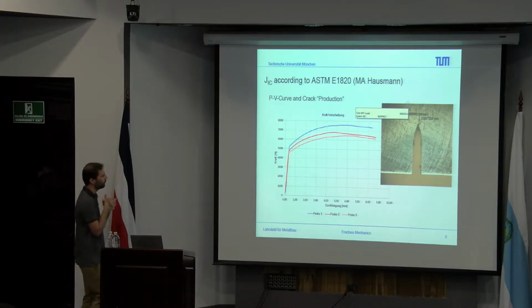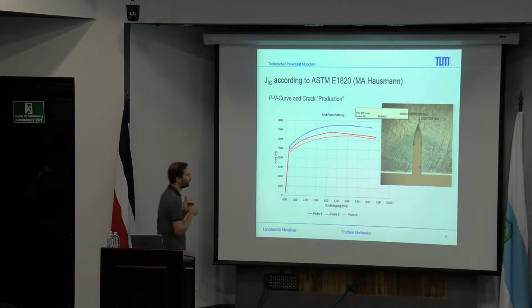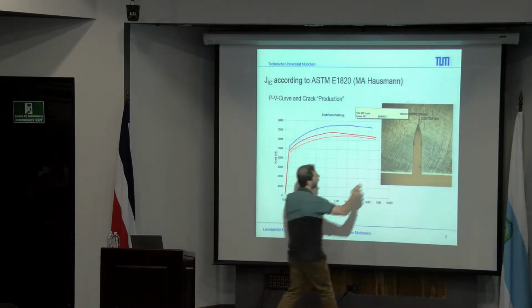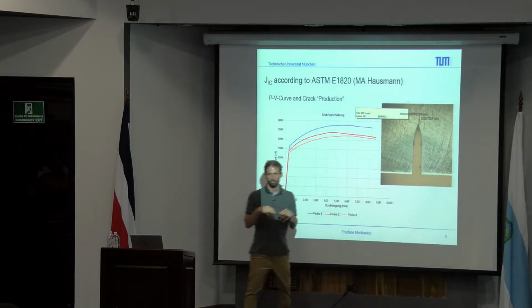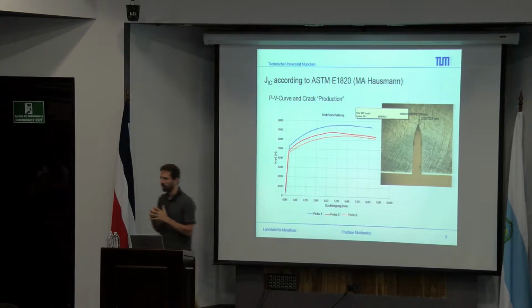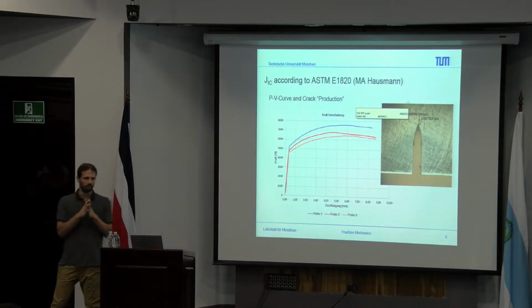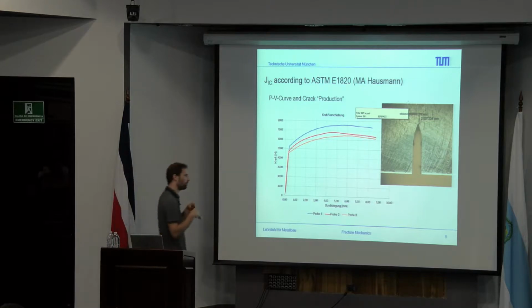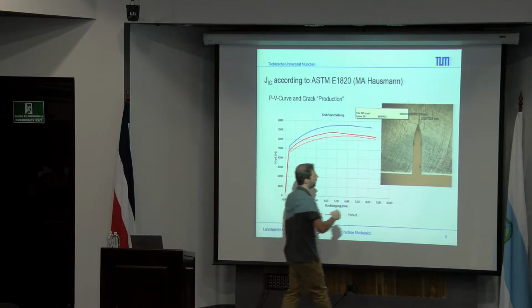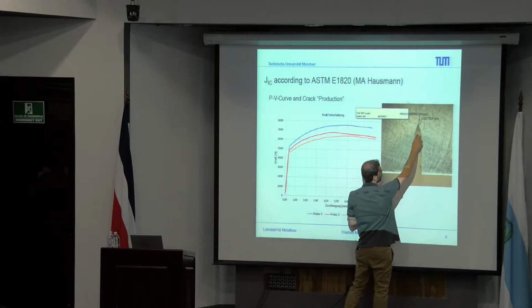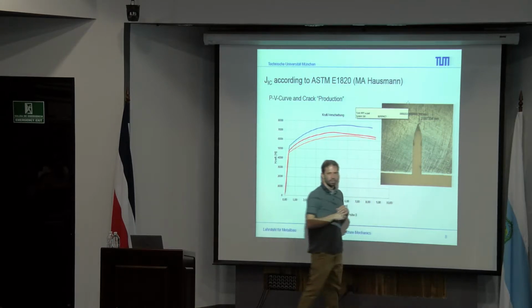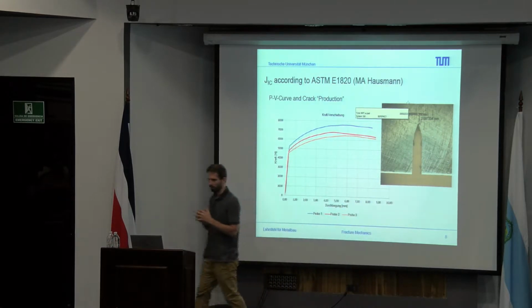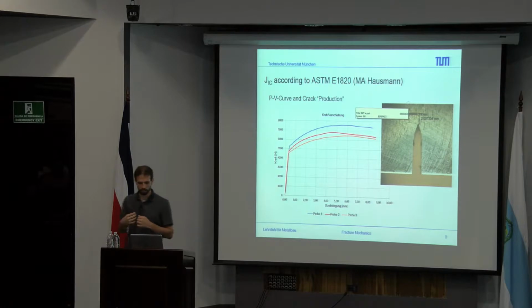We have our PV curve, and the test started at first with some basic cyclic loading to have a correct initiation, which is not really influenced by the fabrication of the crack tip. So it first has to go there and perform some cycles.